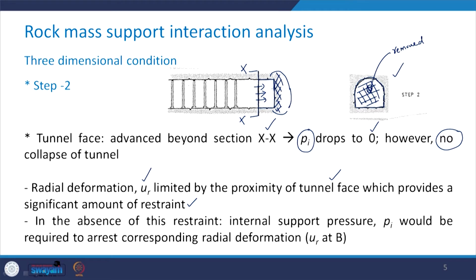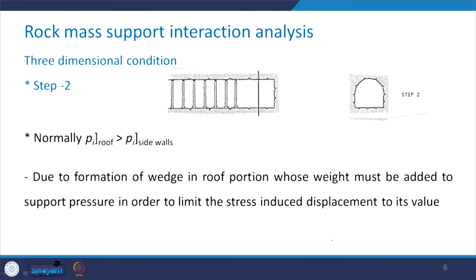Now, in case this restraint is not there, then you will need to have some internal support pressure Pi in order to arrest the corresponding radial deformation, which is, say, at this point B, which I will show you in the next figure.